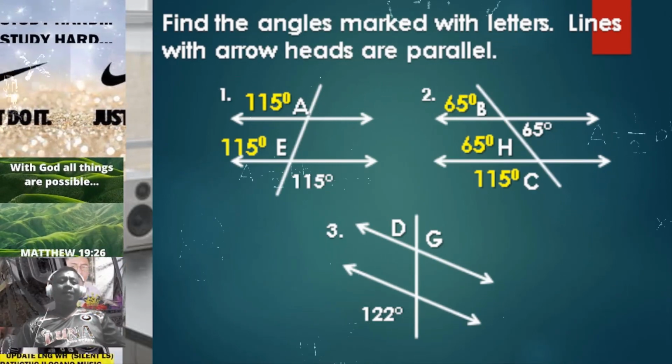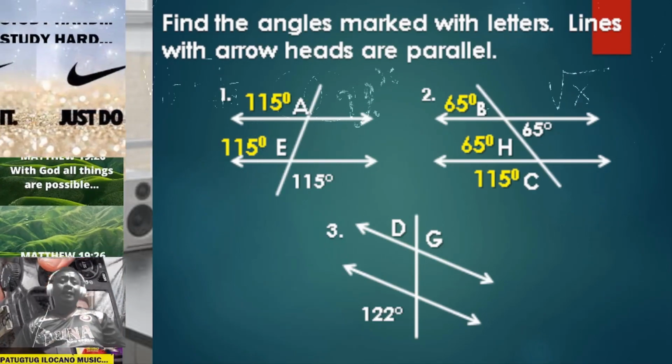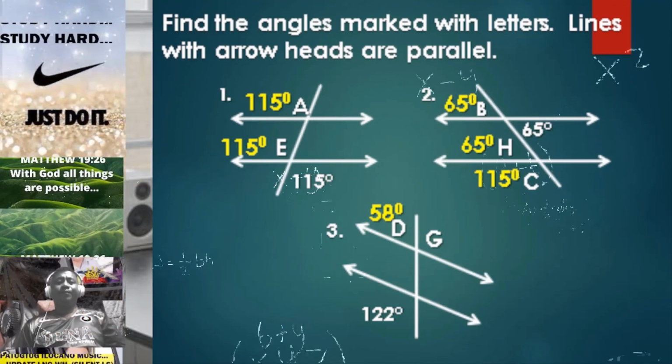So 180 minus 122 degrees, angle D is just equal to 58 degrees.